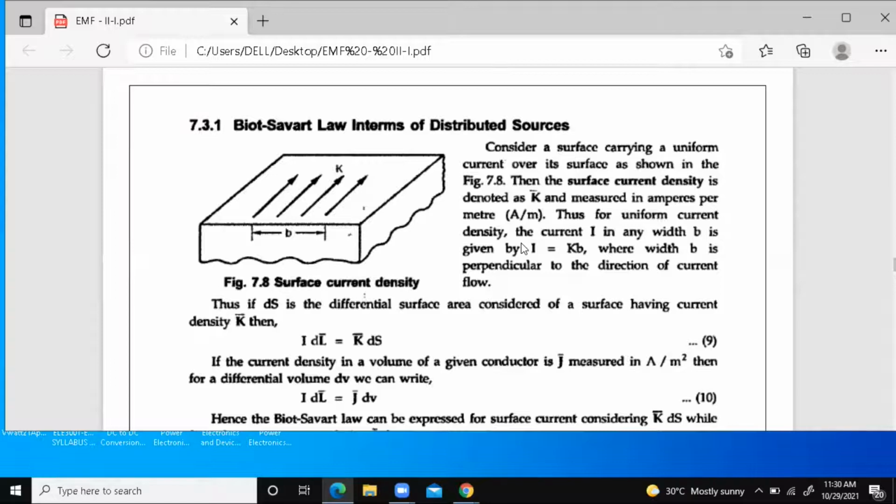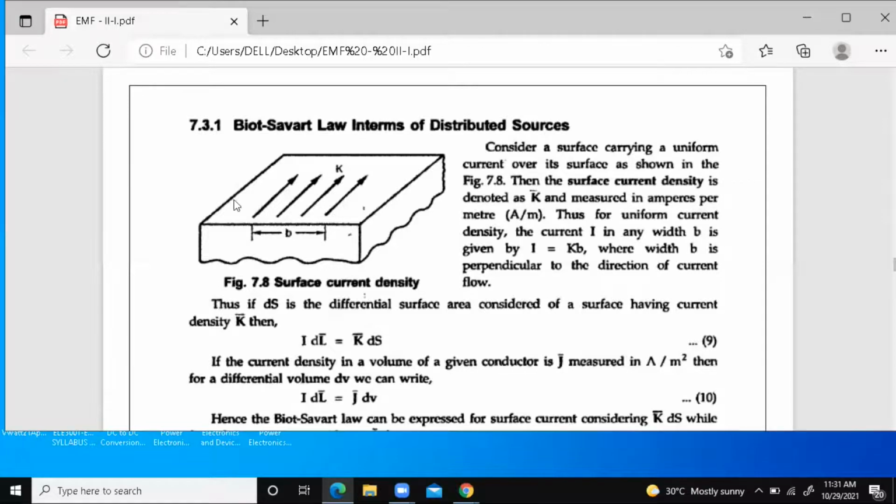Consider a surface carrying a uniform current over a surface as shown in this figure. The surface current density is denoted by the vector K and is measured in amperes per meter. Thus, for a uniform current density, the current I in any width b is given by I equals K times b.